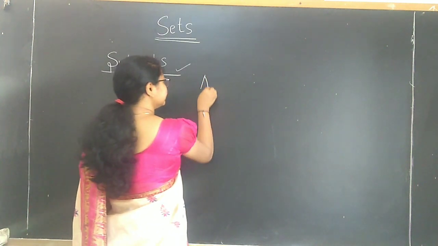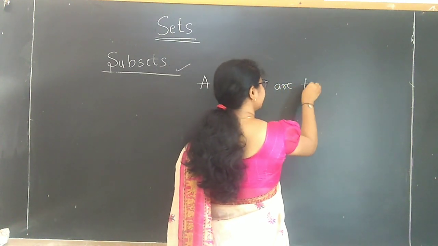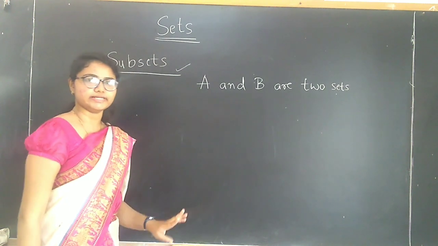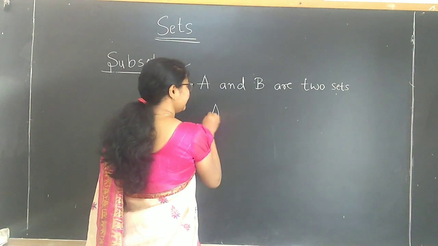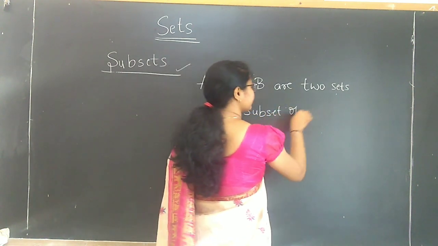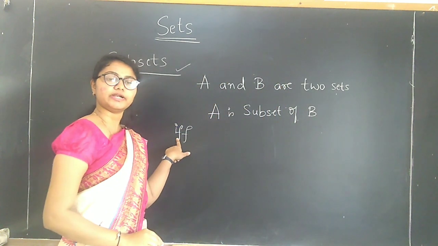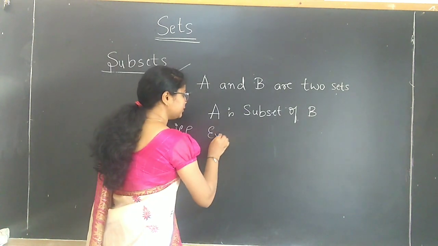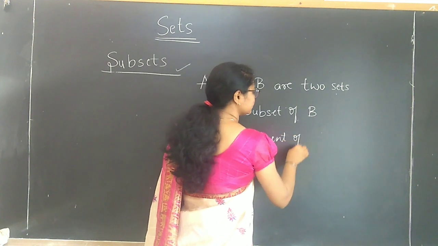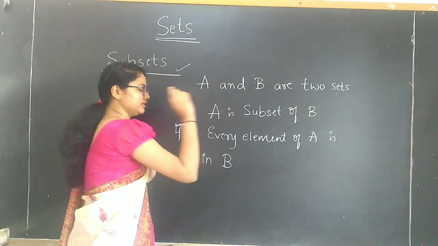Okay, so I consider A and B two sets. Then I call A a subset of B if and only if every element of A is in B. So this is the definition.